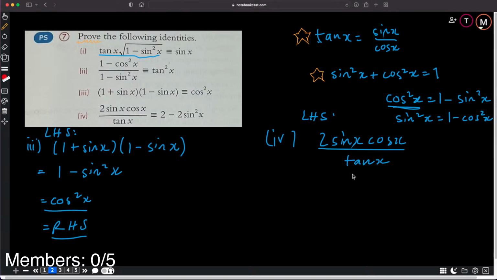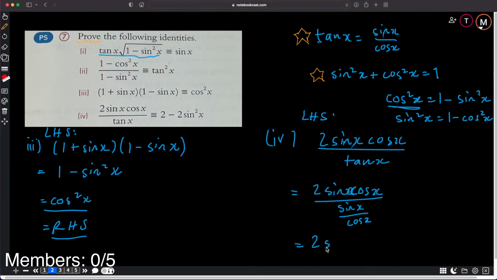So here, if we write tan in terms of sine and cosine, we have a fraction in the denominator, which, if you remember how to divide and multiply fractions, if you divide by a fraction, it's like multiplying by its inverse.